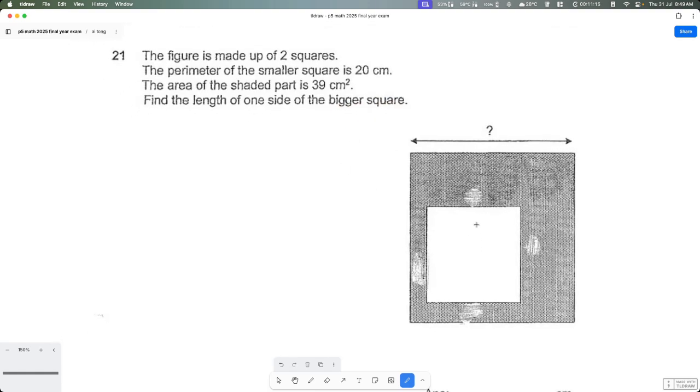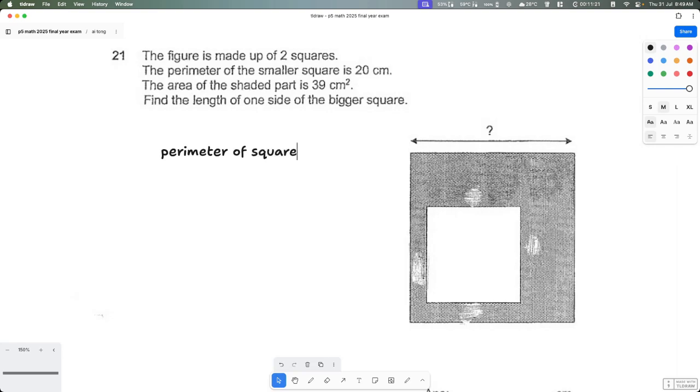Let's do it step by step. So we know that the perimeter of a square is equal to 4 times sides. So that means the perimeter of the square is 20 centimeters, equal to 4 times sides.